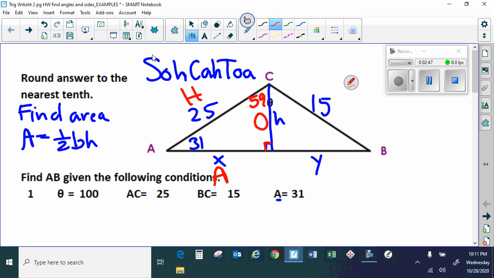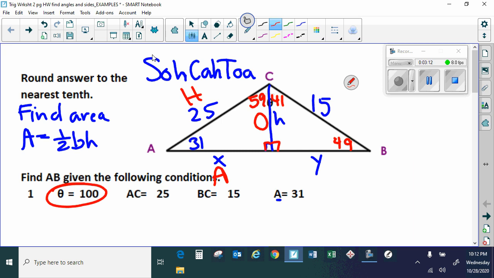Since the whole angle up there is 100, that makes this 41, for a total of 100 degrees there. Remember this is a right angle down here, which also then means I can get this angle of 49 degrees. Remember, they have to be complementary.